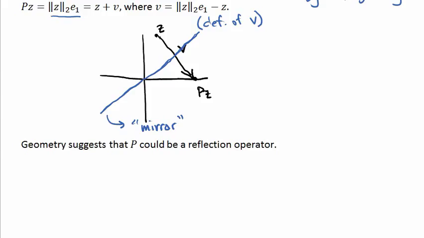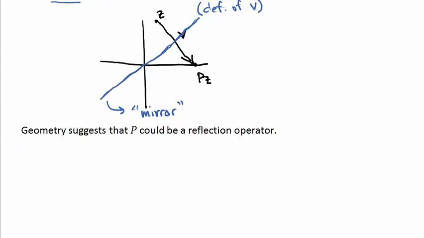Reflections don't change norms, and so our reflection is going to give us an orthogonal matrix. All right, and if we put the mirror right halfway in between these 2 vectors z and Pz, then it does the right thing to the vector z. So the idea behind the operation P, so P will mean, reflect through this mirror.